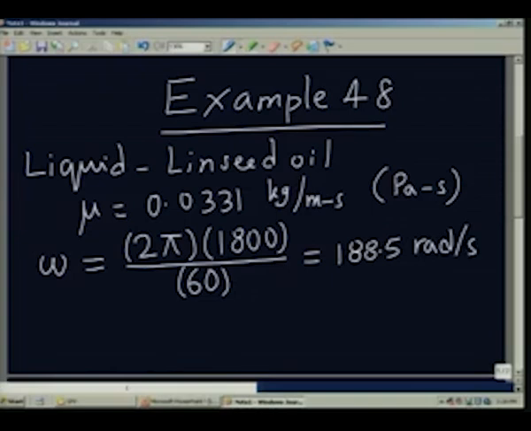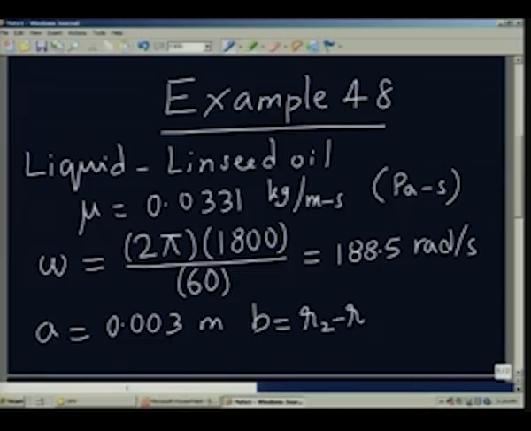So, the other quantities of interest are the gap A, which is already given, as 3 millimeters. I will put it as 0.003 meter in SI units. The gap B is nothing but R2 minus R1, and R2 is 38 millimeters and R1 is 37 millimeters.